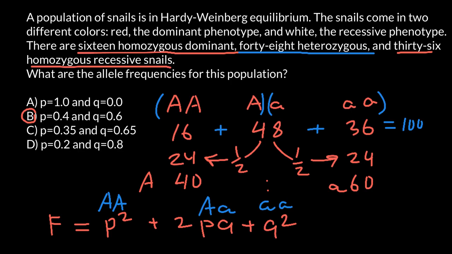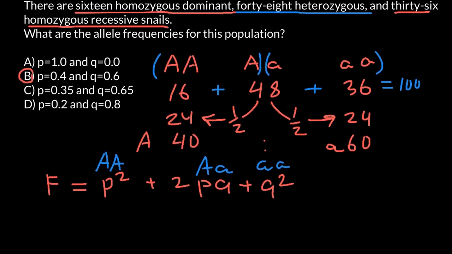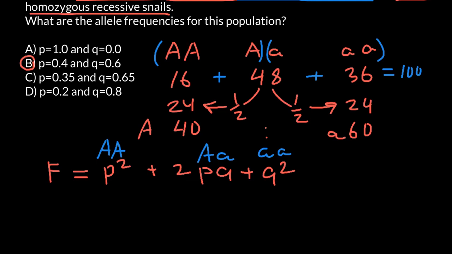And from our problem, again, we can convert absolute numbers into frequencies. So frequency of the homozygous dominant genotype would be 0.16, heterozygous genotype would be 0.48, and homozygous recessive genotype is 0.36. Once again, if we add all these three numbers, we are going to get 1.